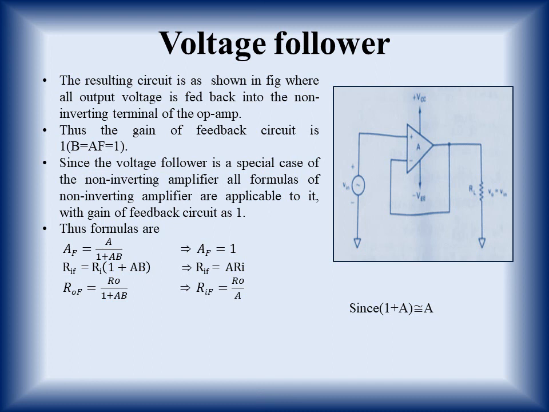In the same way, ROF in case of voltage follower is RO upon A. Frequency can be written as FF is equal to A times F naught, and output offset voltage can be written as plus minus Vsat upon A. Here in all these equations we have placed B equal to 1, and 1 plus A is approximately written as A.